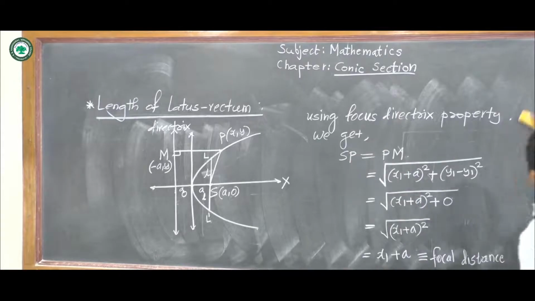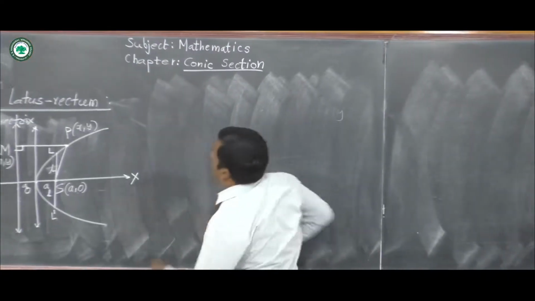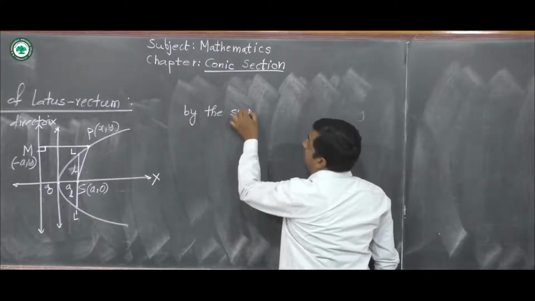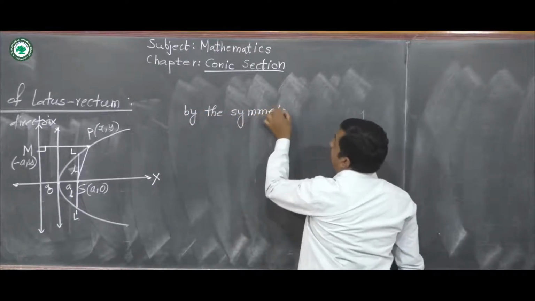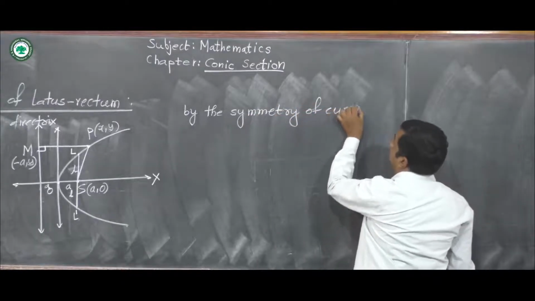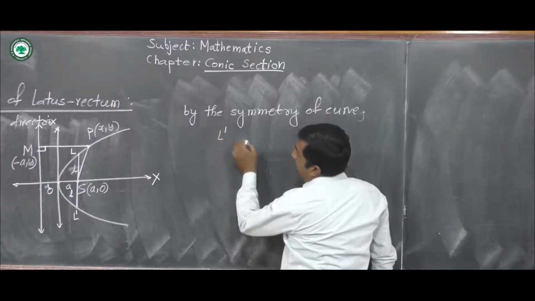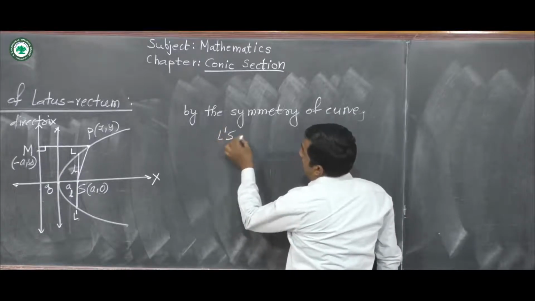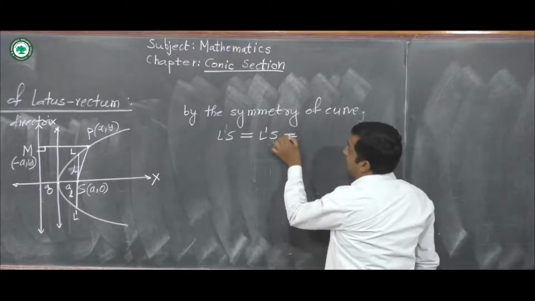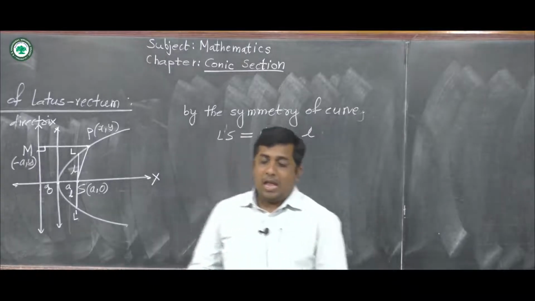By the symmetry of the curve, we get L dash S equals LS equals l.